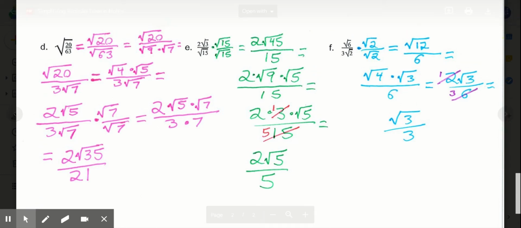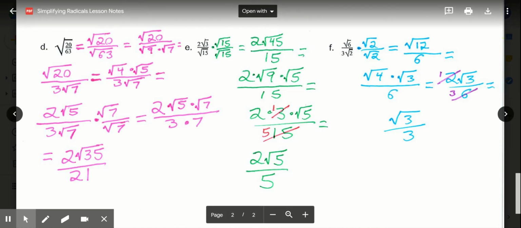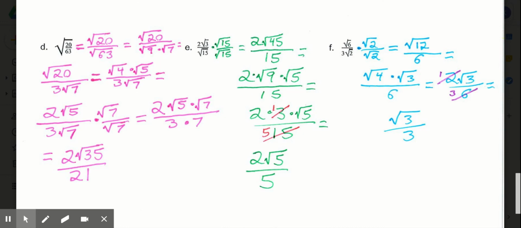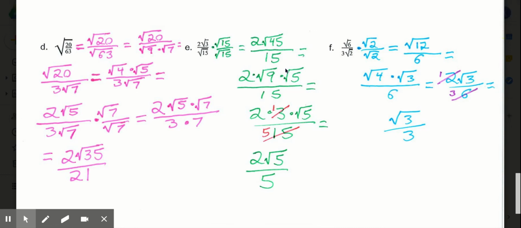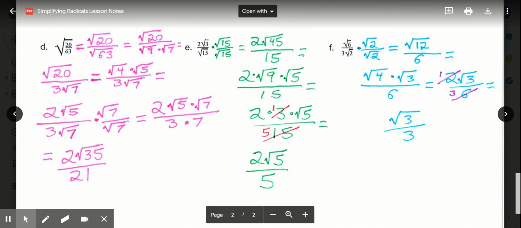In E, we want to multiply top and bottom by square root of 15 to get rid of that on bottom first. So we have 2 square root of 45, 3 times 15, over 15. Check to simplify square root of 45, so the perfect square 9.